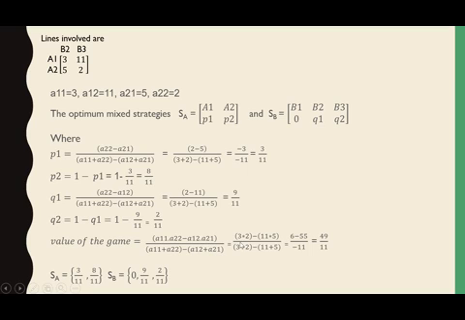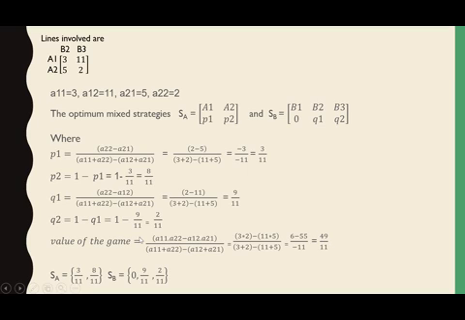So it will be 3 into 2 minus 11 into 5 divided by 3 plus 2 minus 11 plus 5. So it will be 6 minus 55 by minus 11. Both sides you get minus, the minus gets cancelled. So the value of the game will be 49 by 11.